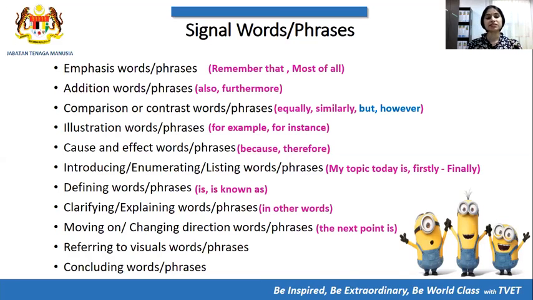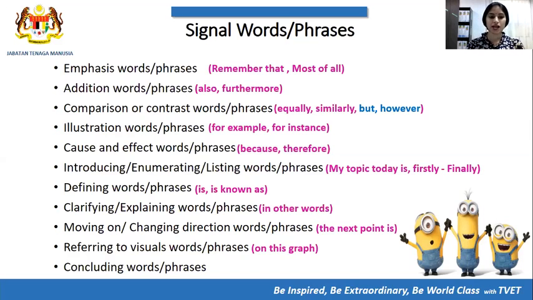Next, referring to visuals signal words or phrases. Visuals means pictures, diagrams, charts, or PowerPoint slides. If you want to show that, you can use signal words like on this graph, you can look at, based on these slides, I would like to explain about.